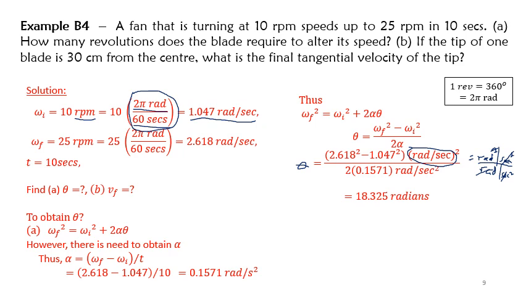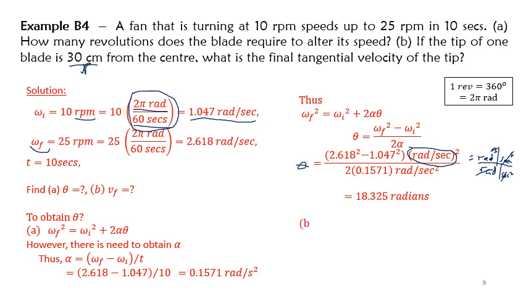Then the final tangential velocity. We know the radius of the circular part, which is the length from the tip of the blade to the center, 30 centimeters, converted to meters so we get our answer in meters per second. We know this is R, and we know the final angular velocity.